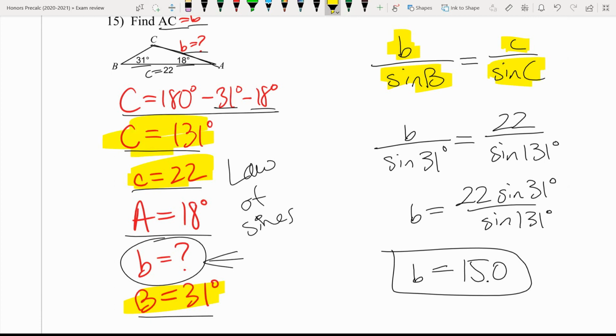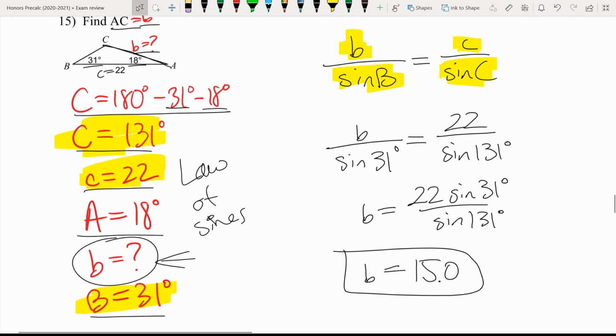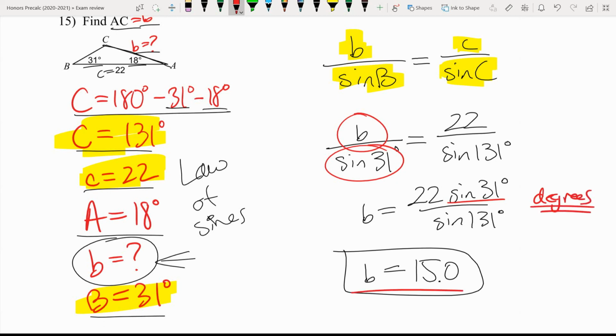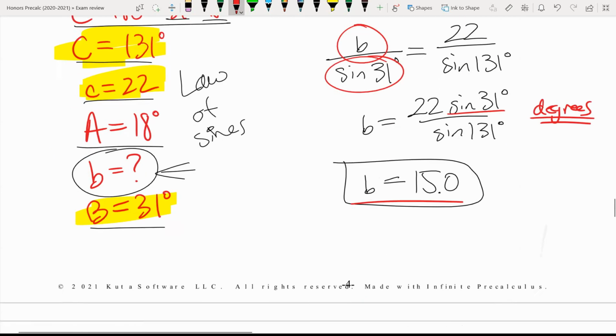So we have everything we need here to solve this. So basically I just plug those in. You can see that I do that here. Plug those values in. We still have B in the upper left corner. So all I do is just take this sine of 31, multiply both sides by it, and at that point it's just plugging stuff into your calculator. Just make sure that you are in degrees mode when you get to this point, okay? So your answer in this one was 15, or 15.0, rounded to the nearest tenth.